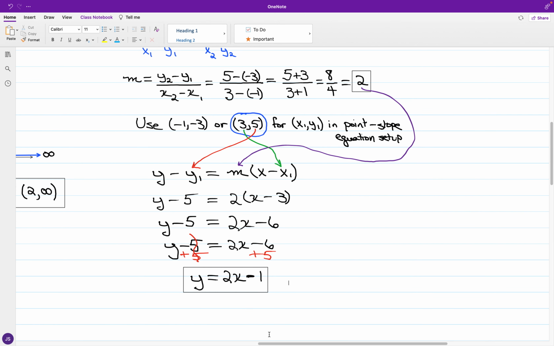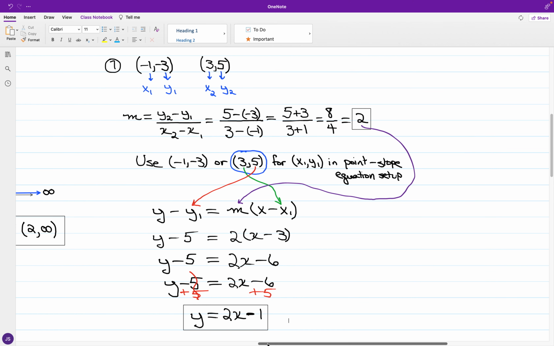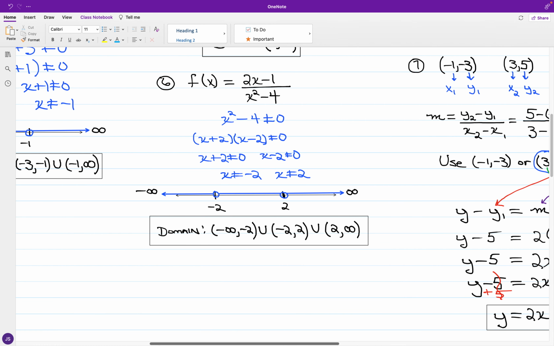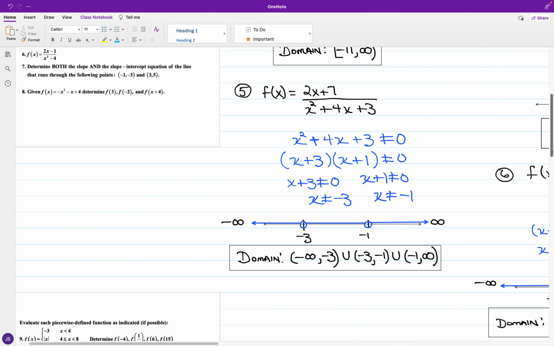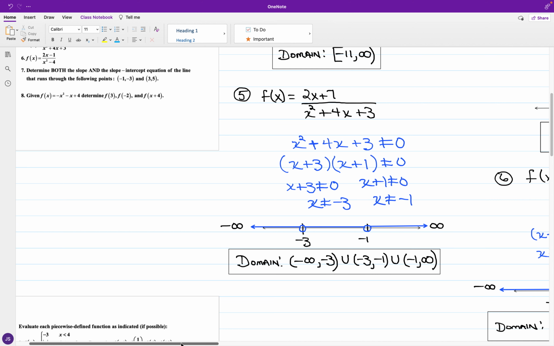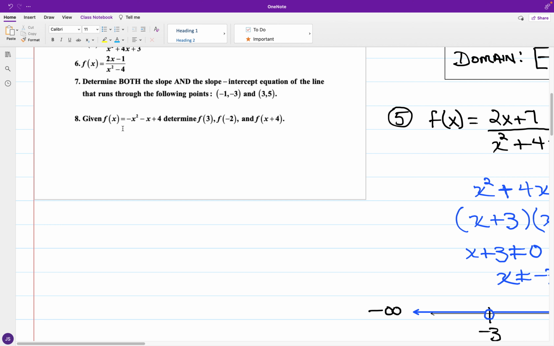Okay, now in looking at functions and functional values and expressions, now we have in the case problem number 8, and we have a given function, whereupon we had that f of x is equal to -x squared minus x plus 4. Again, f of x is a functional notation for what we otherwise say is going to be y.